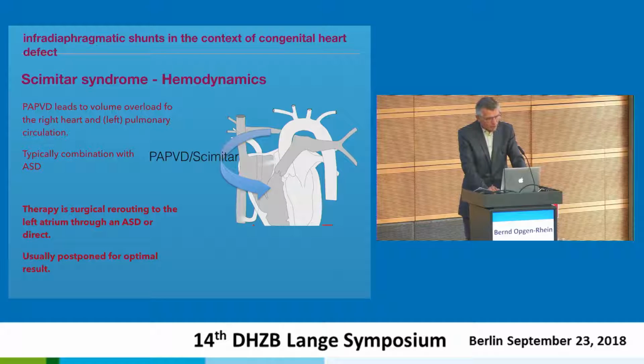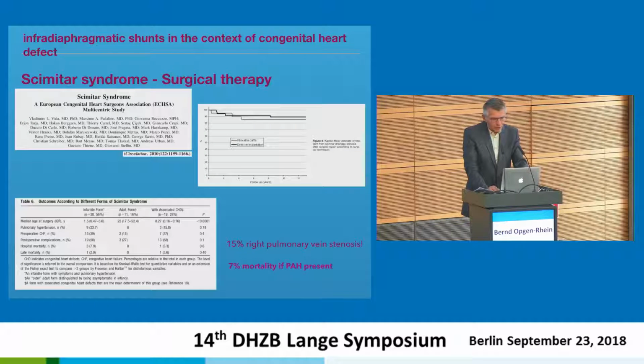The timing is really difficult to clarify, but pulmonary hypertension and right volume overload with symptomatic cardiac failure is usually a good sign to go for operation.